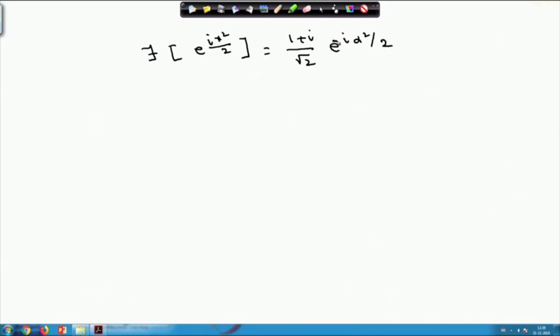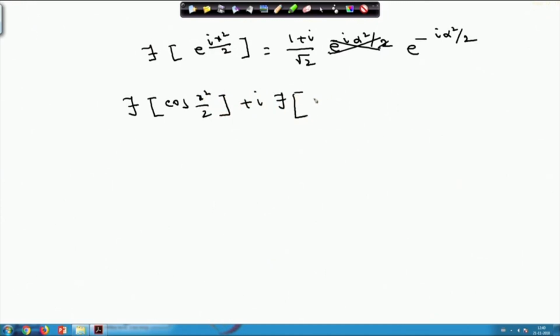Now, e power i x square by 2 I can break into cos and sin terms: cos x square by 2 plus i sin x square by 2. So this is the Fourier transform of cos of x square by 2 plus i into the Fourier transform of sin of x square by 2.